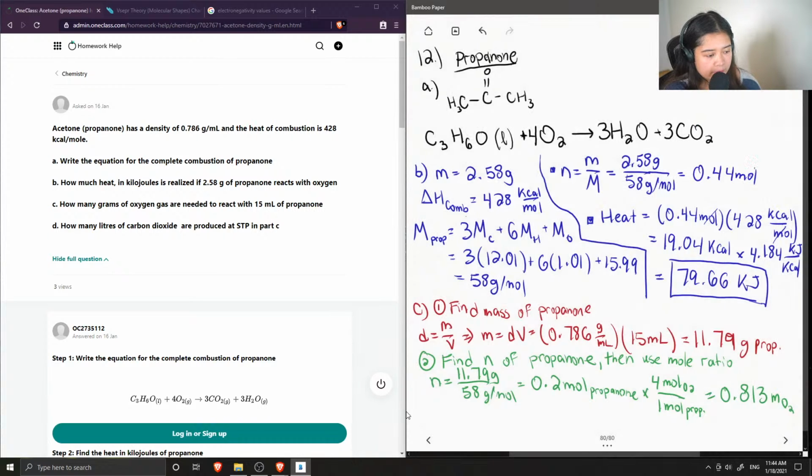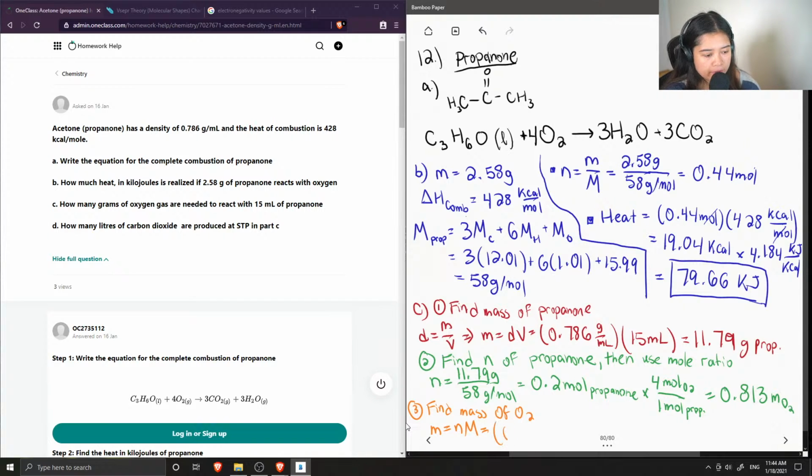And now step 3 of part C of this question is just to find the mass of oxygen. So now mass is equal to number of moles times molar mass.